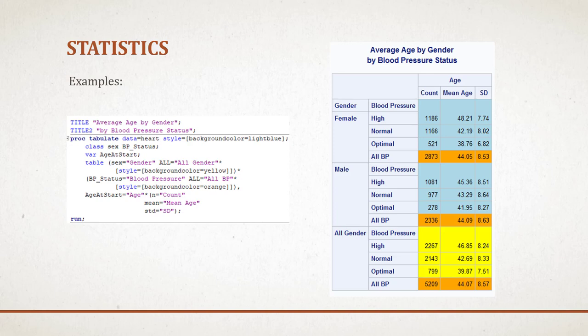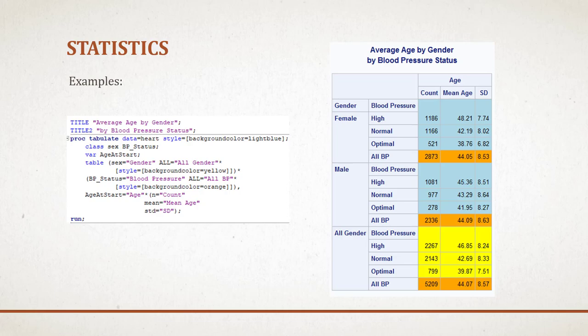Rows with light blue backgrounds are for gender and blood pressure combinations. Rows in yellow are for each blood pressure for both genders. First two rows in orange are for each gender for all blood pressure. The last row in orange is for all patients. So different from Proc Means, we can actually get the statistics for all patients for all observations regardless of their group in the same table.